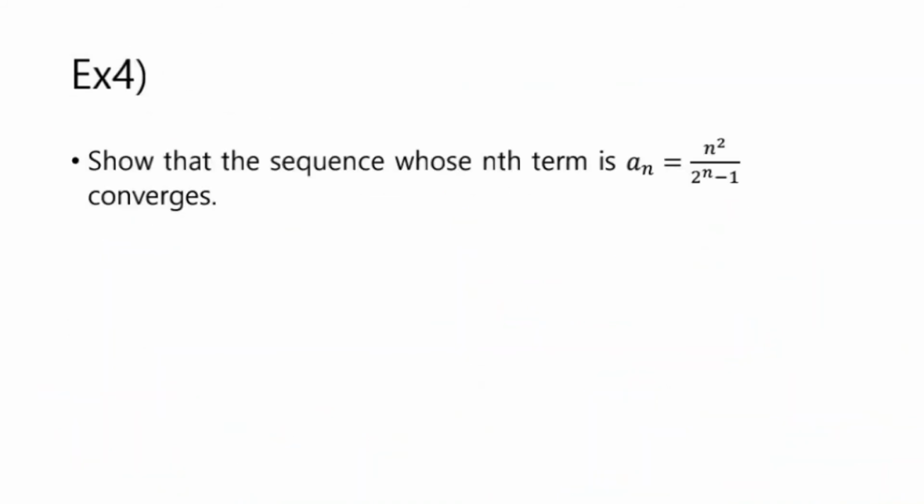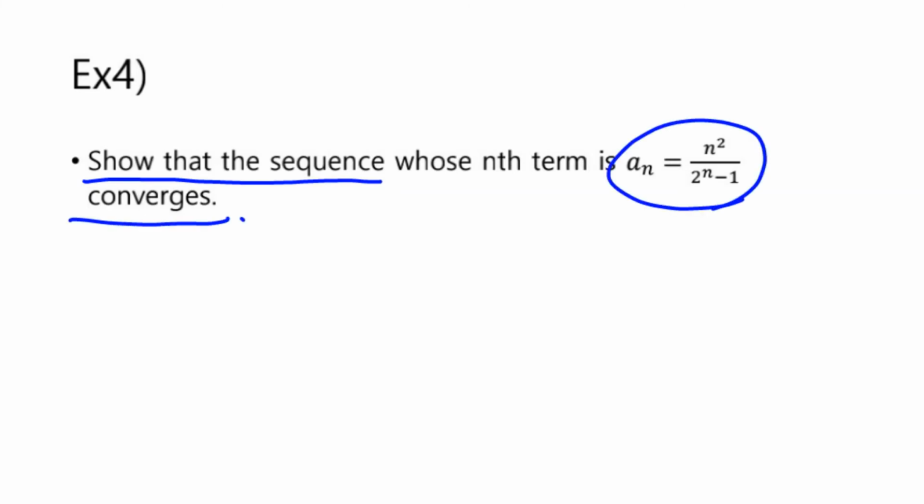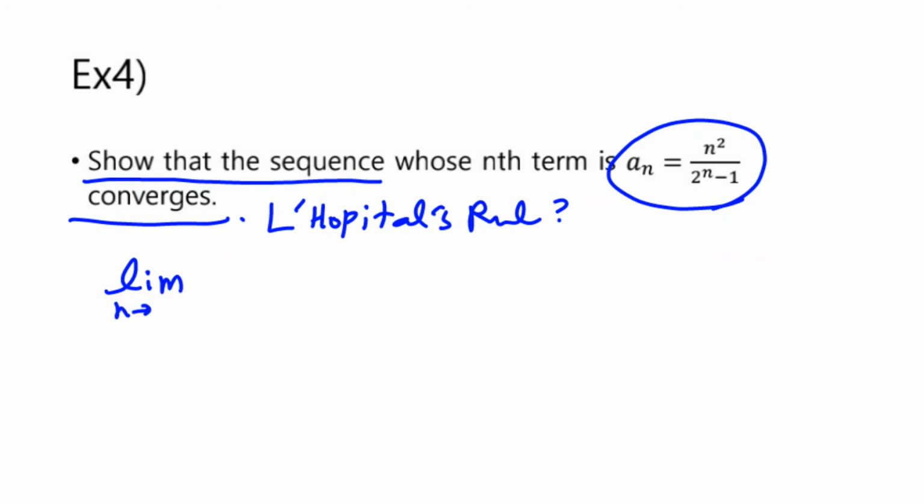Example number 4 says show that the sequence whose nth term is a_n converges. So instead of making a list of the sequence, we are going to see if we can use L'Hopital's rule. If I have the limit as n goes to infinity of n squared over 2 to the nth power minus 1, it has an infinity over infinity form. So yes, we can use L'Hopital's rule.